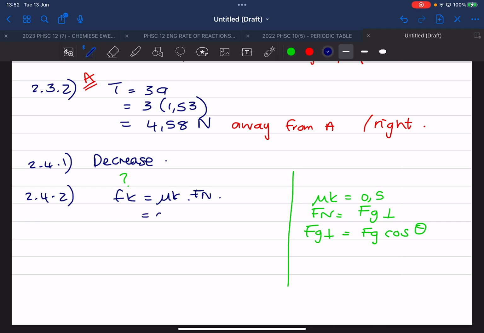Okay, so the coefficient is 0.5. And then I have Fg, what is that again? That's the mass of 1 times 9.8 times the cos of 37.